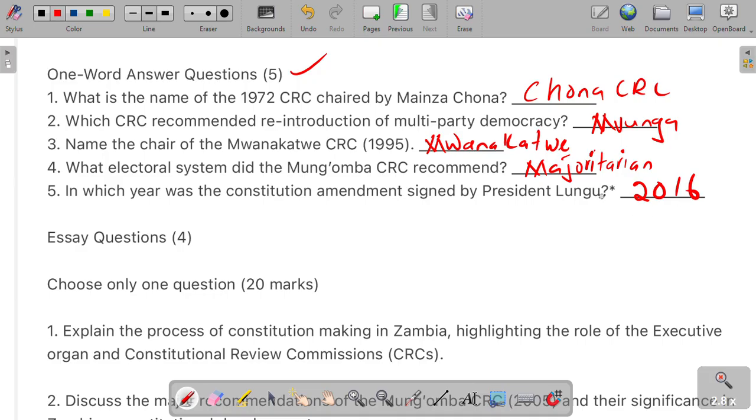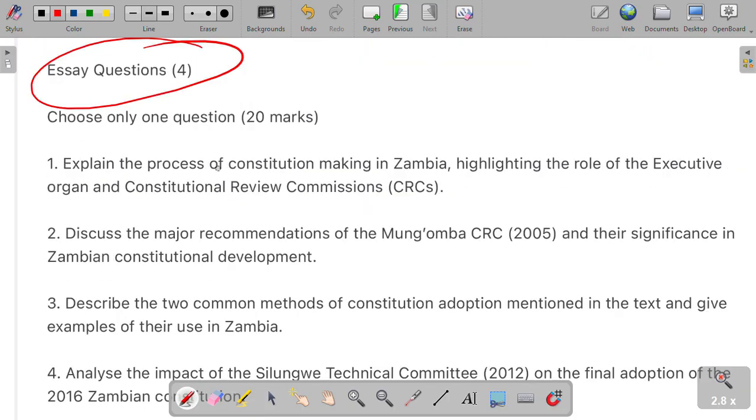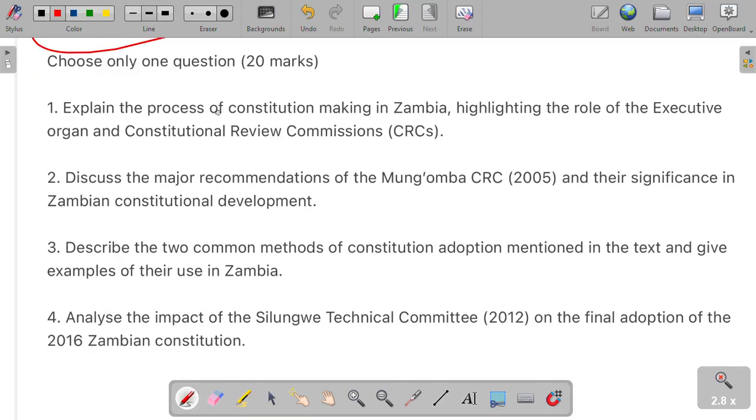Okay, we are done with one word answer and let's go to the essay part. On this part, I'm going to tell you brief points on how you're going to answer each question. Very, very important. The first question here is: explain the process of constitutional making in Zambia, highlighting the role of the executive organ and constitutional review commission.